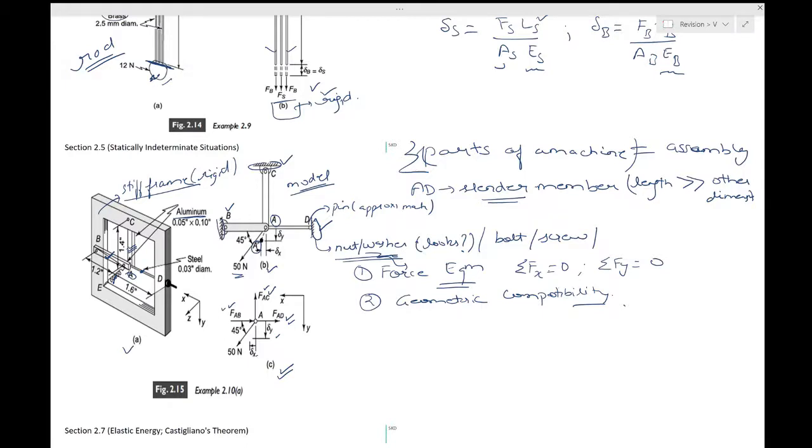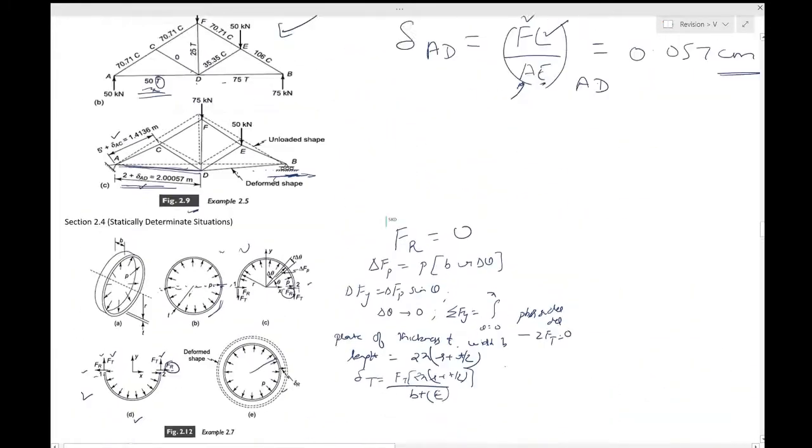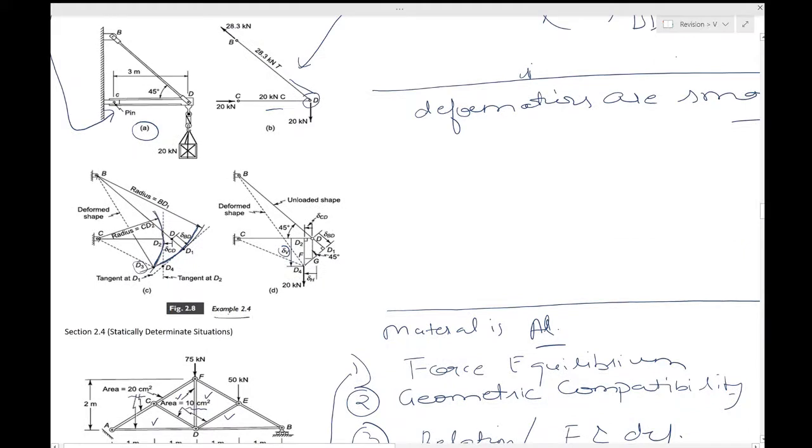So if you go to example 2.4, this was example 2.4. And what was the approximation method which we developed? That rather than taking an arc, we will actually take a tangent. Rather than taking an arc at this D1, we took a tangent.